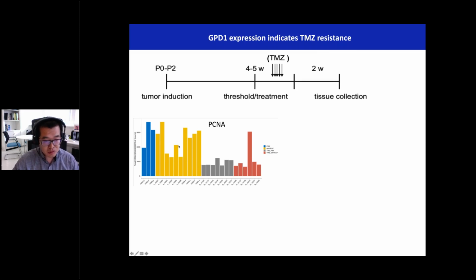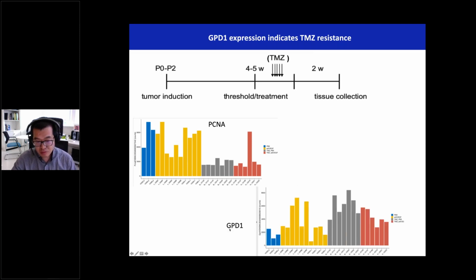VEGF really does nothing at the RNA-seq level. But when you apply temozolomide or temozolomide plus VEGF, you see the tumor proliferating cells, indicated by PCNA or markers like Ki67, are much less in the RNA data, but GPT-1 gets even enriched. So you really don't touch these cells by applying temozolomide.